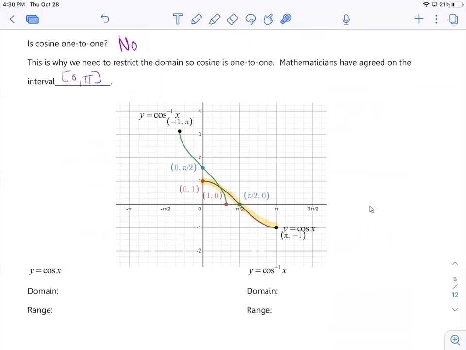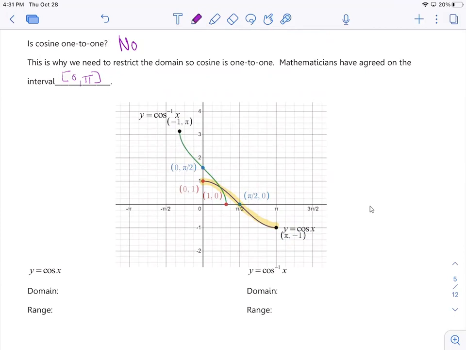Well, we have this coordinate 0, 1, we swap them and it becomes 1, 0, so it becomes that coordinate. We have this coordinate pi over 2, 0, we swap it, it becomes 0, pi over 2. This coordinate becomes pi, negative 1 for cosine. We swap them and it becomes negative 1, pi. And so this green graph is our inverse function.